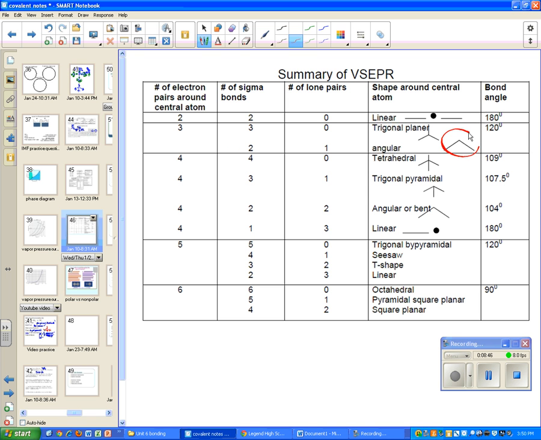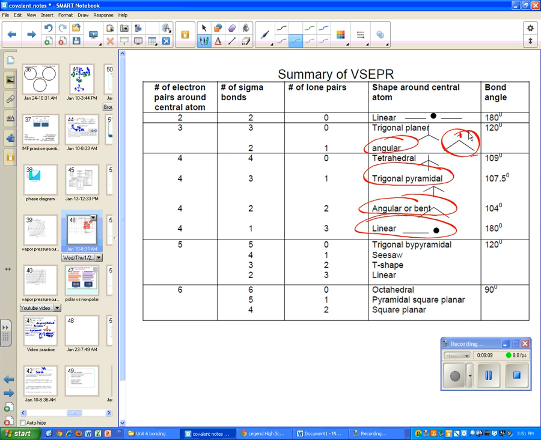So the angular shape is asymmetrical. You can kind of see if this was plus and this was minus, they could be away from each other. The other one that is asymmetrical is the tetrahedral. So I'm just going to circle the ones that can be asymmetrical. Notice that they pretty much are the ones that have a lone pair. So when you have a lone pair, you can be asymmetrical.